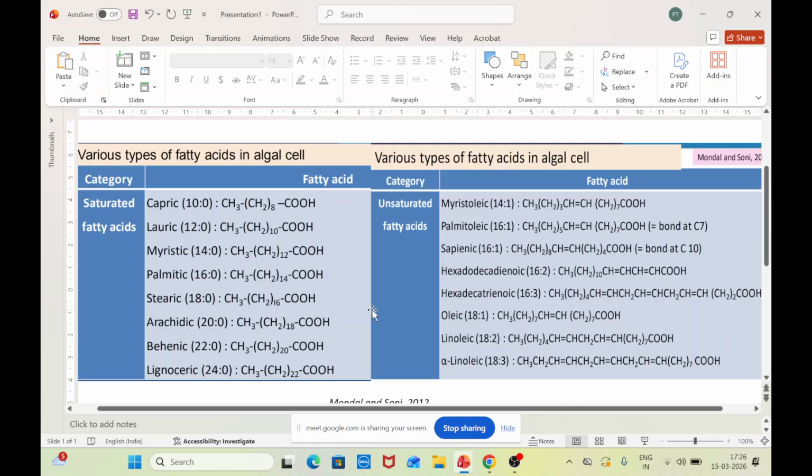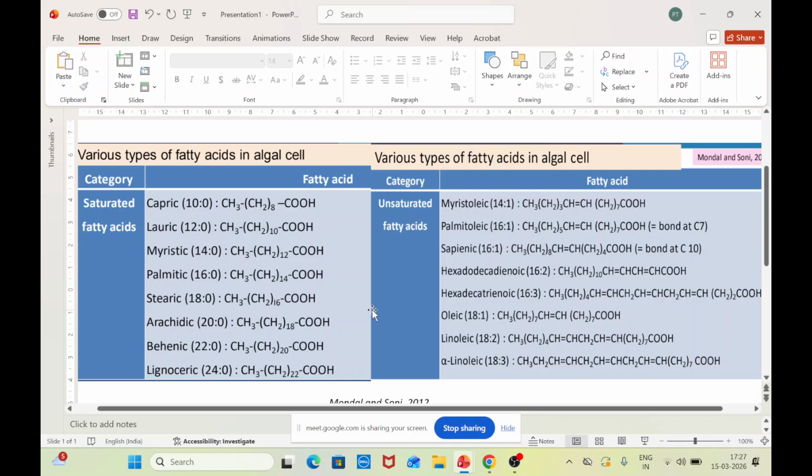Whereas in the case of unsaturated fatty acids, which basically have a double bond or a triple bond present in the carbon chain, you have myristoleic acid, palmitoleic acid, sapienic acid, hexadecadienoic acid. So many of them, oleic and linoleic and alpha linolenic.